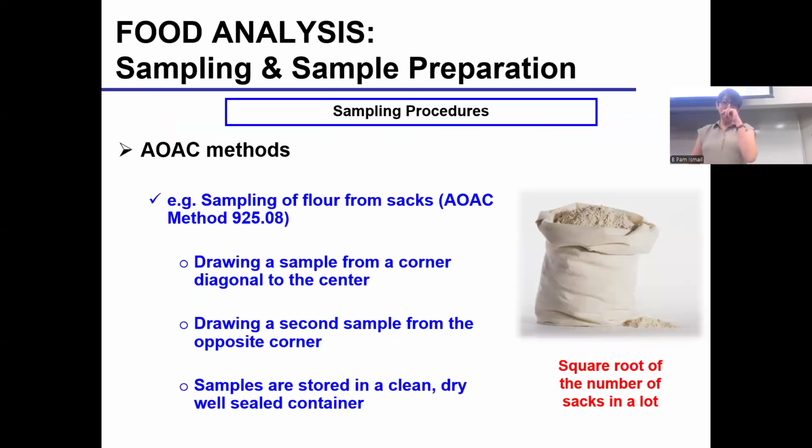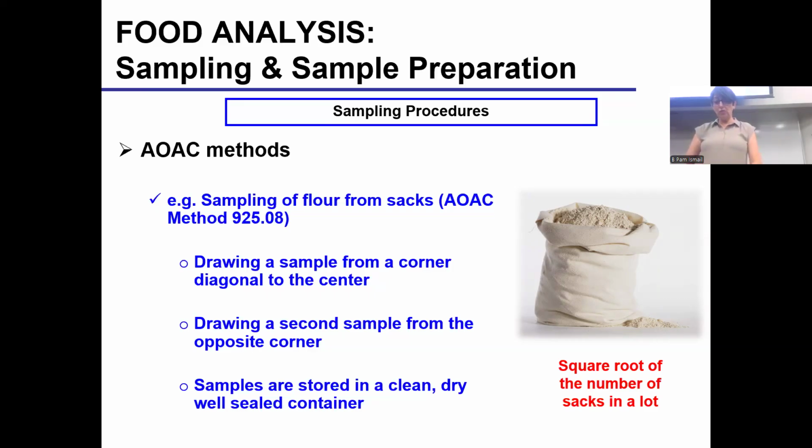Okay, so I'm going to give you an example of how to pick out a sample from a bag or a sack of flour. Assume the company is producing, for simplicity, 100 bags of flour a day. And then you need to do your quality assessment.